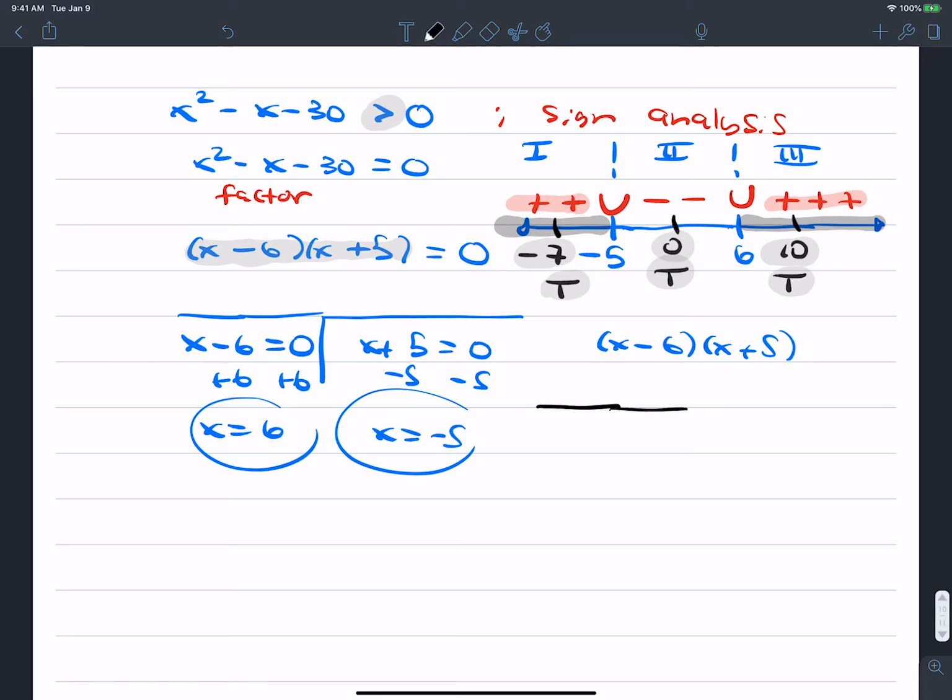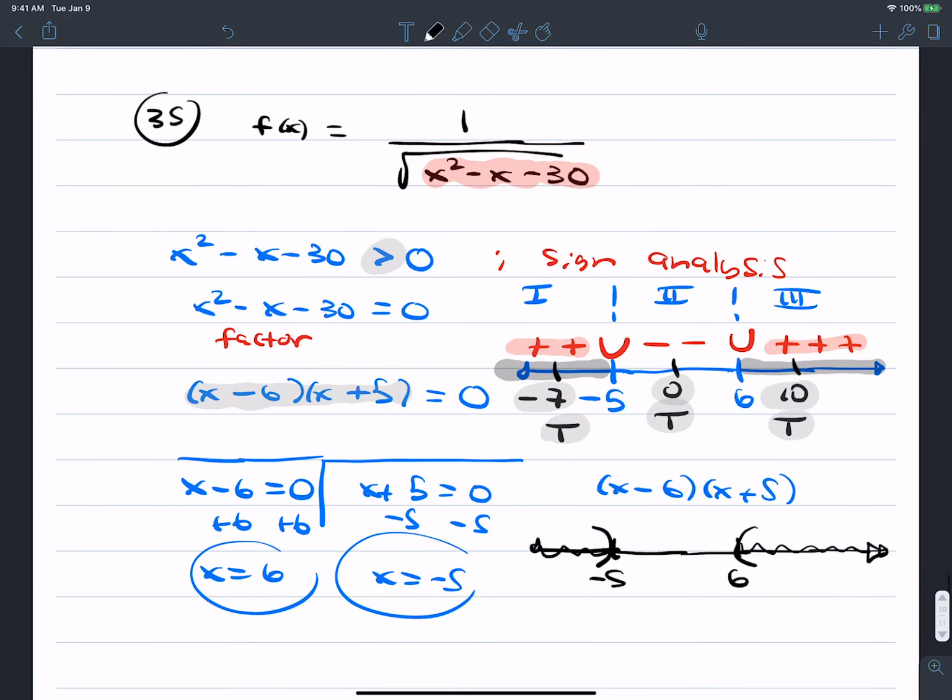I'm going to describe the domain. This is numbers to the left of -5. Shade that. Numbers to the right of 6. We're going to shade this. Again, we do not include the endpoints, because if we did, the fraction will be undefined here. Those values, again, give us 1 over the square root of 0, which is 1 over 0, which again is undefined if I were to use the -5 and the +6 value.